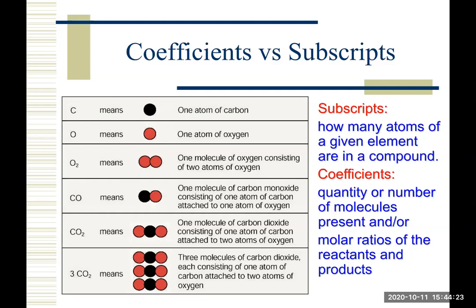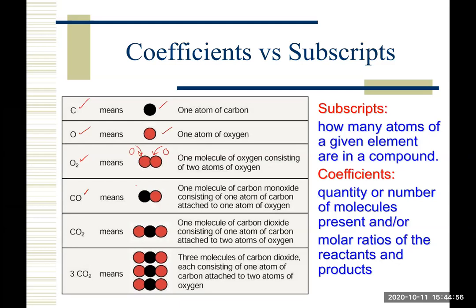We don't cross over. So if we had just C written down, we know that that means that we have just one atom of carbon. If we have just O written down, we know that that represents one atom of oxygen. O2 means that we have two atoms of oxygen in one diatomic molecule of oxygen.